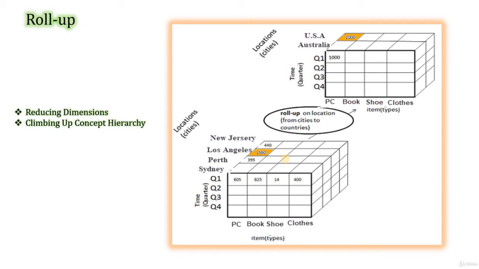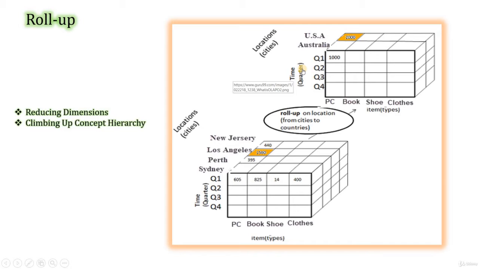Here the roll-up operation can be performed in two different ways. First one is reducing the dimensions, and second one is climbing up the concept hierarchy. Consider this particular diagram. As you can see, we have data at the city level for the countries US and Australia.